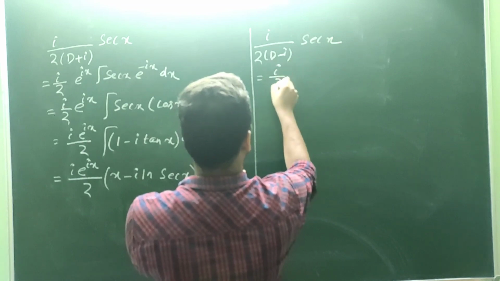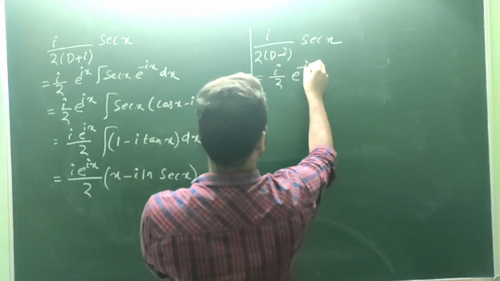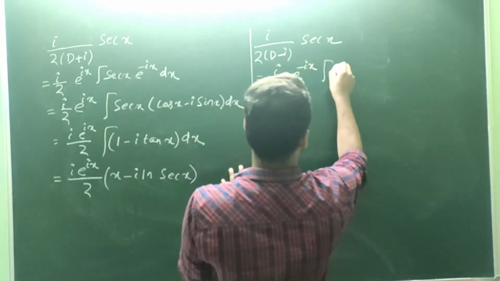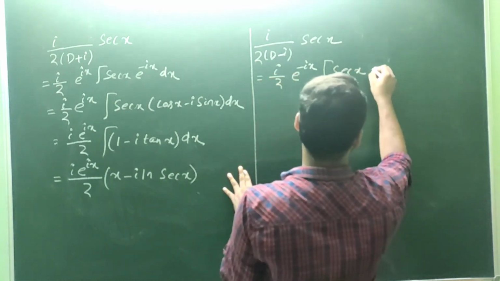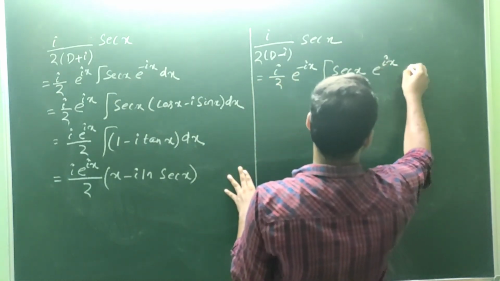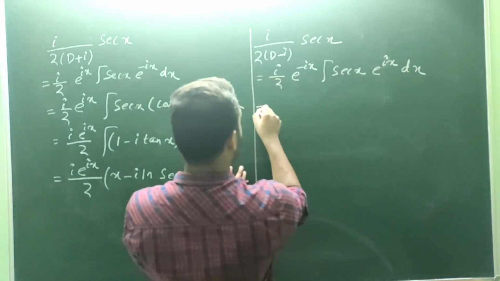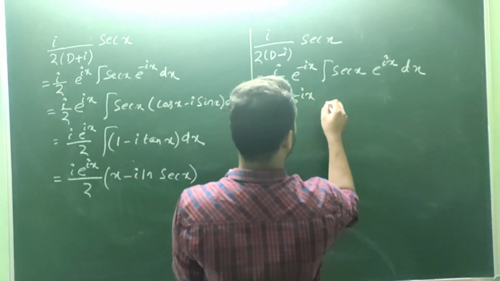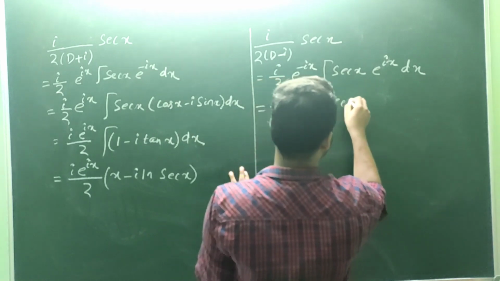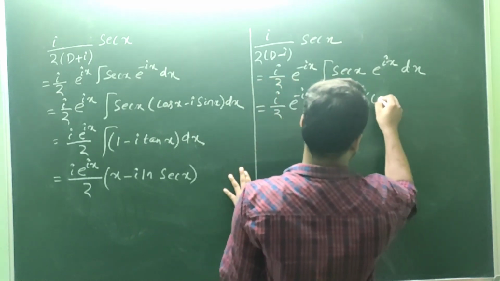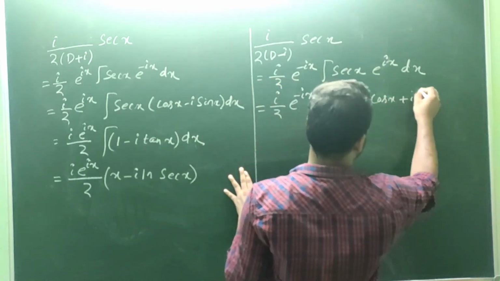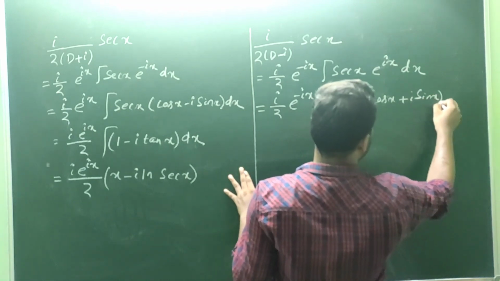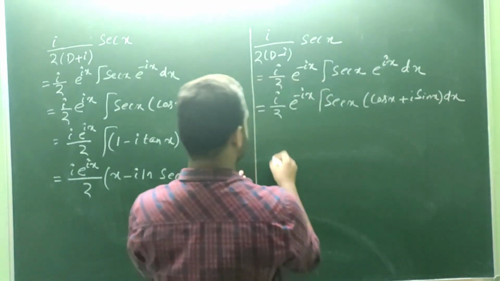And this will be i/2 e^(-ix) integral of sec x e^(ix) dx, which is equal to i/2 e^(-ix) integral of sec x times (cos x plus i sin x) dx.